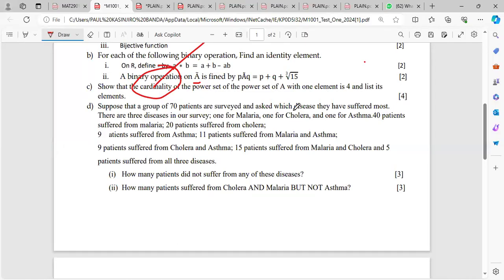There are 3 diseases in our survey: malaria, cholera, and asthma. They're saying 40 patients suffered from malaria, 20 suffered from cholera, 9 patients suffered from asthma, 11 patients suffered from malaria and asthma, 9 patients suffered from cholera and asthma, 15 patients suffered from malaria and cholera, and 5 patients suffered from all the 3 diseases.